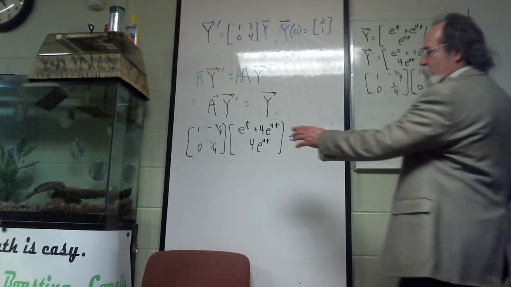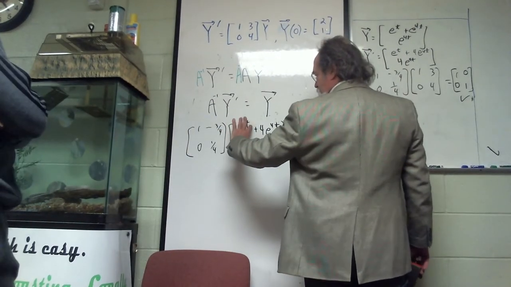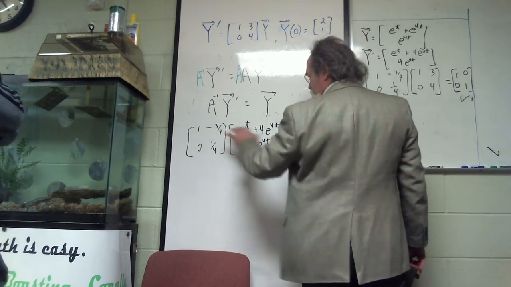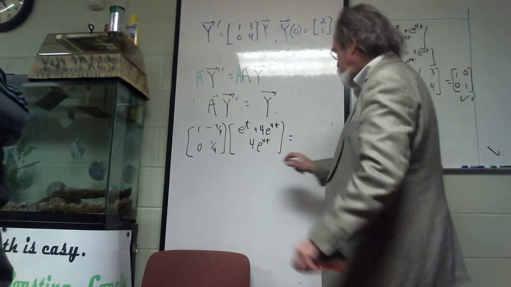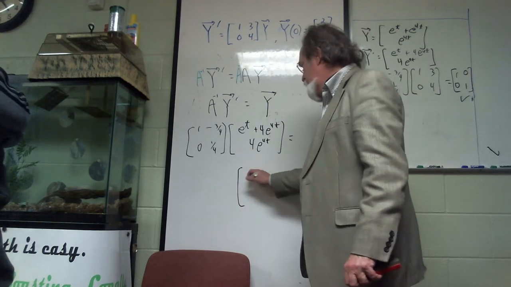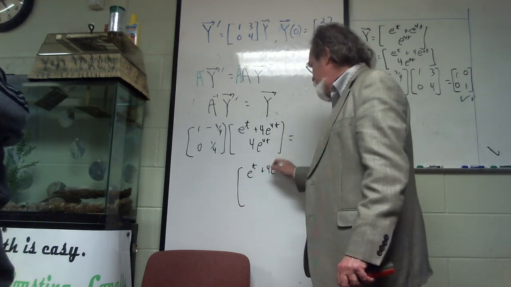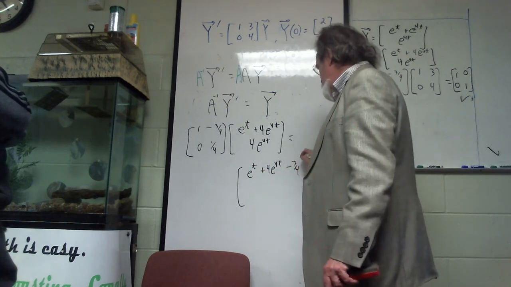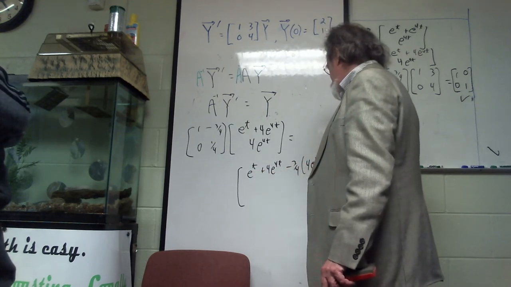All right, so remember, it's row times column. This is one column. That plus sign still means this is one entry. So it's 1 times this: e to the t plus 4e to the 4t, minus 3/4 times the 4e to the 4t.